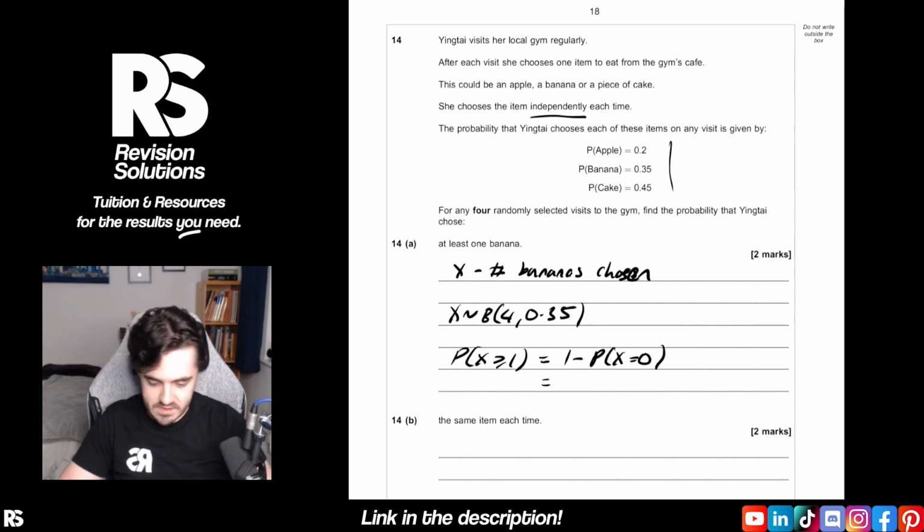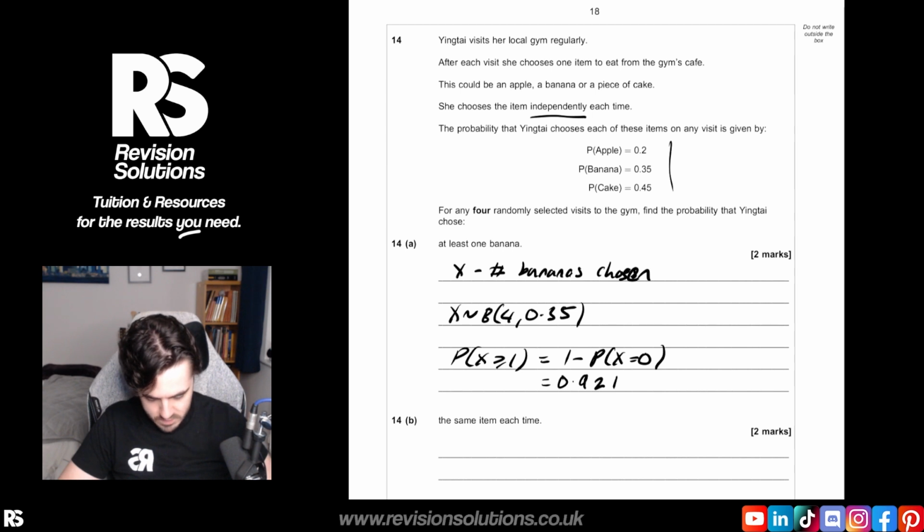And if we use our calculator, the probability x equals 0 would be 0.1785, so that would leave us with 0.9215. Or to 3 significant figures, it would be 0.922.